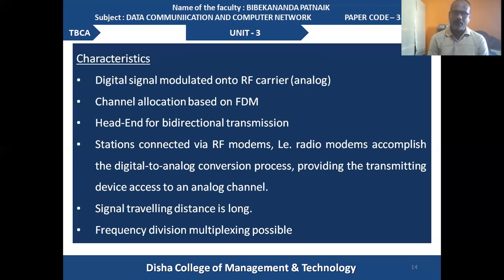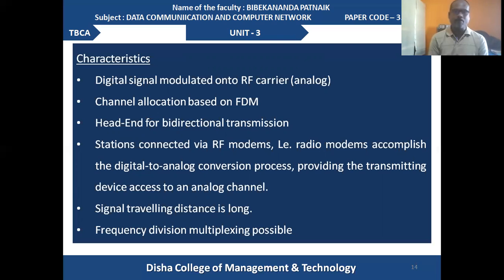It has bidirectional transmission, with stations connected via an RF medium, where a radio modem accomplishes the digital to analog conversion process, providing the transmitting device access to an analog signal channel.